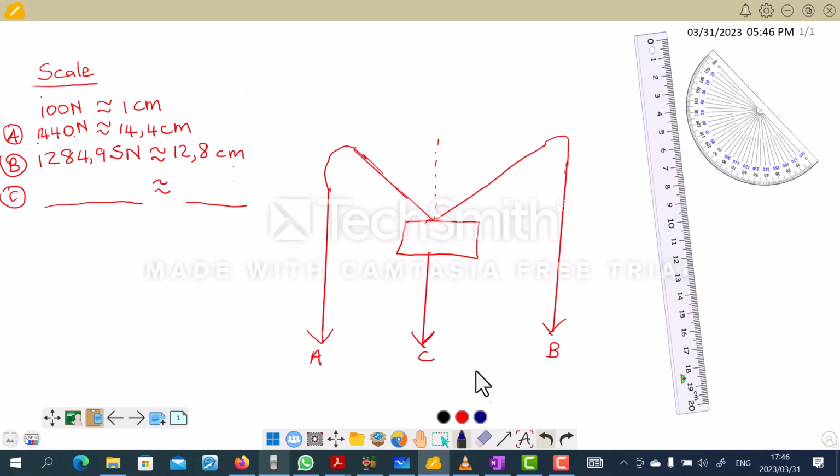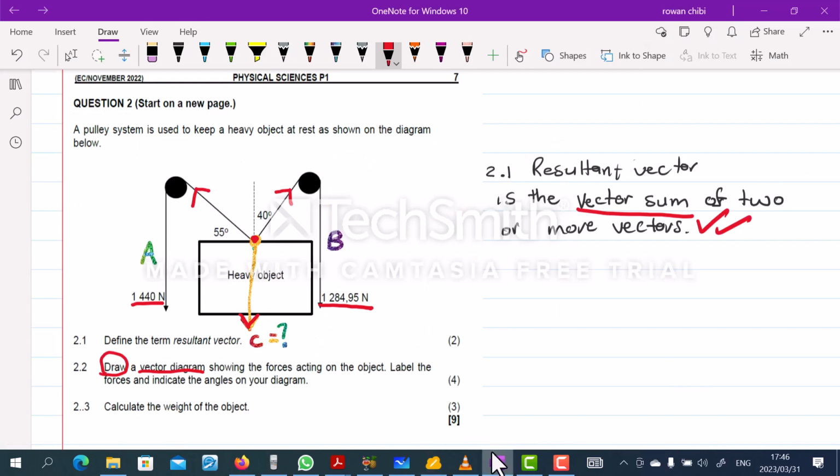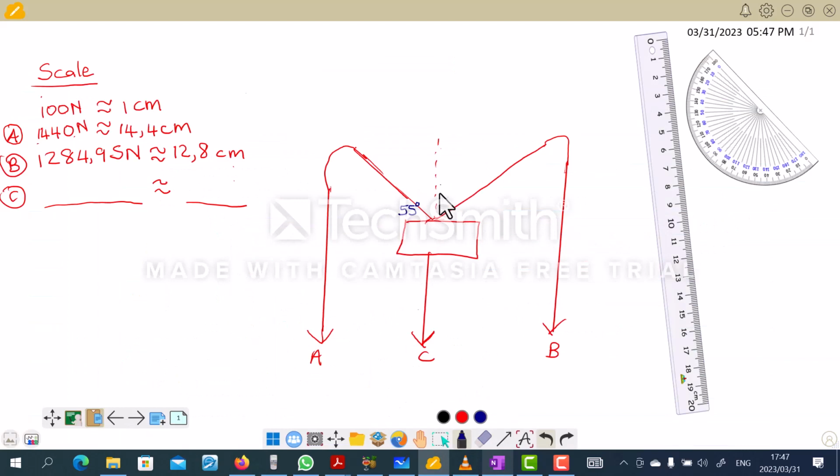And then they said that here there's an angle of 55 degrees. If you can check again on the diagram, there's an angle there of 55 degrees. Then from the normal to that vector, there's another angle which is 40 degrees. From here to there, there's 40. And then here, there's 55.